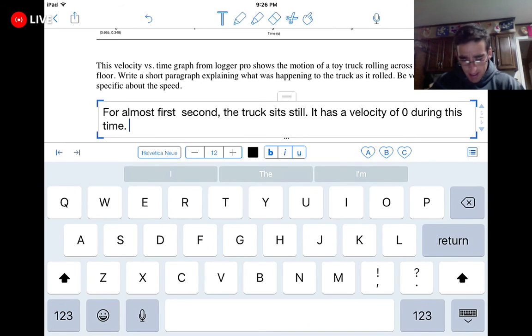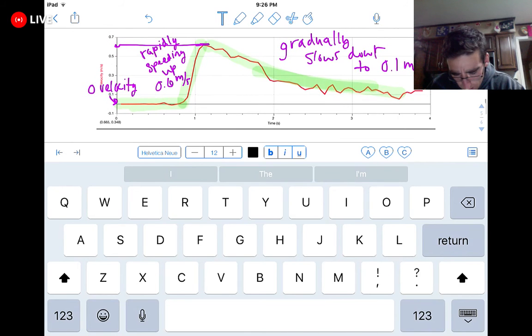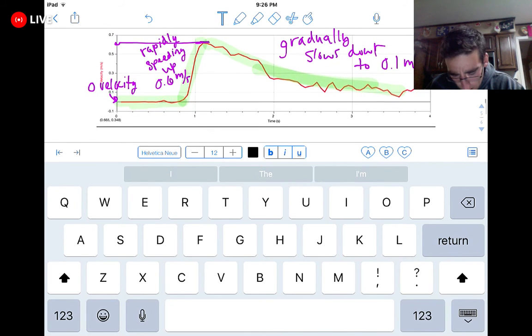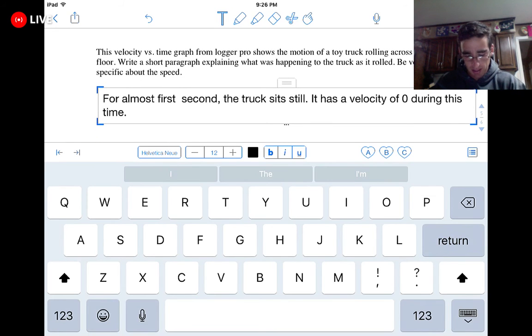Then I'm going to say something like, it then rapidly speeds up to 0.6 meters per second.